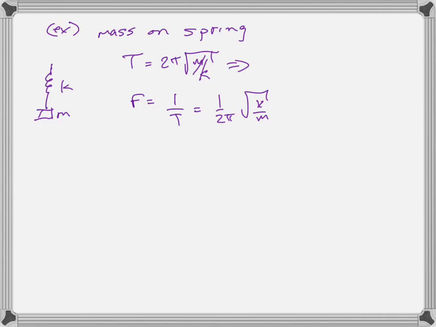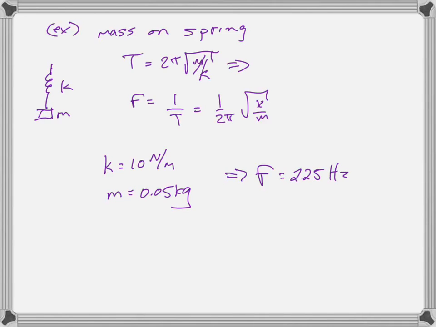Let's take a classroom mass and spring with spring constant 10 newtons per meter and a mass of 50 grams, 0.05 kilograms, and plug that into f equals 1 over 2 pi square root of k over m. On your calculator, you find a frequency of 2.25 hertz. So this mass on a spring will oscillate with a frequency of 2.25 hertz.